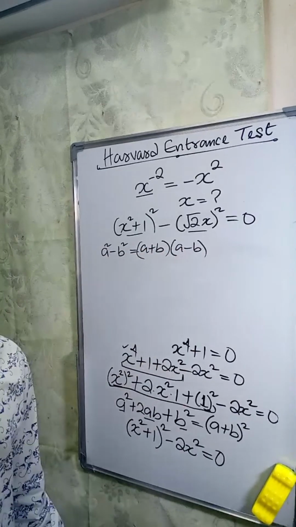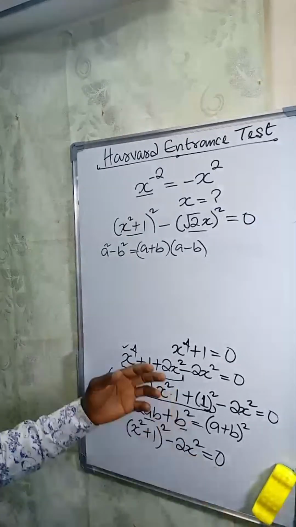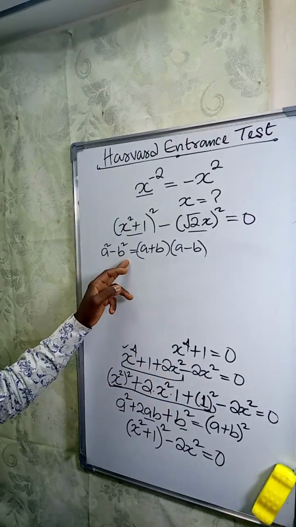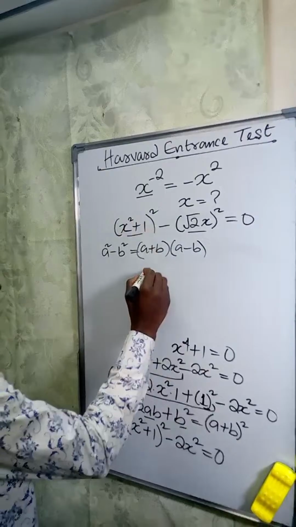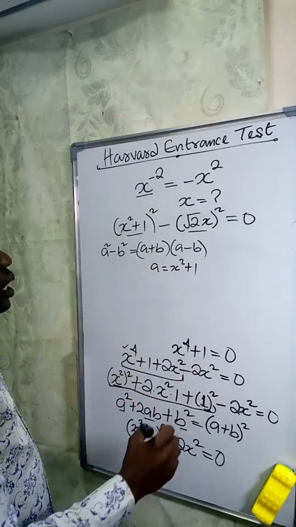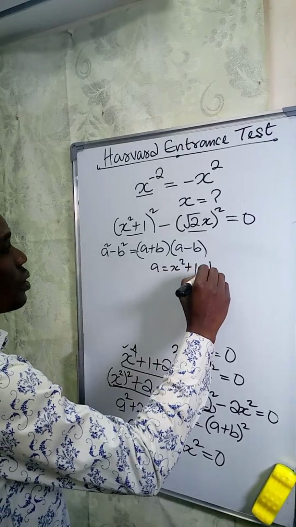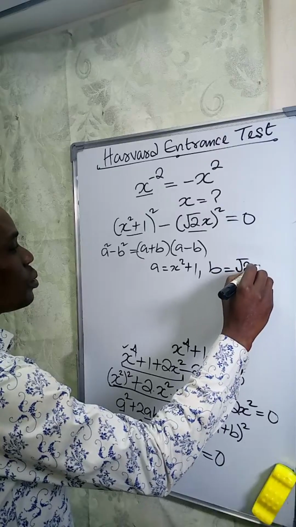And that's exactly the expression I'm truly heading to. From this expression, you can see that a is equal to x squared plus 1, and b is equal to the square root of 2x.